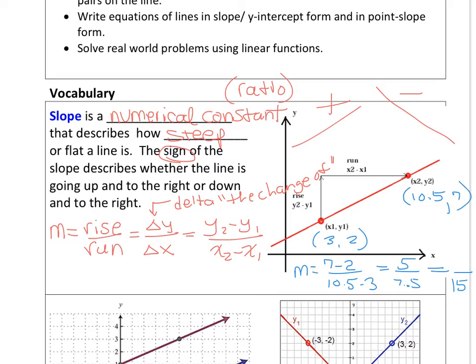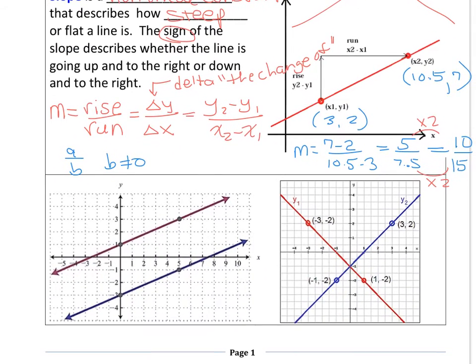So here we've got 10 over 15, and we did that by just multiplying by 2, top and bottom. And if you want to reduce 10 over 15 to 2 over 3, even better. But I really don't want to see the decimal in the ratio. A ratio, just to finish the thought, is a number over a number where b does not equal 0. So let's try to clean it up a little bit.